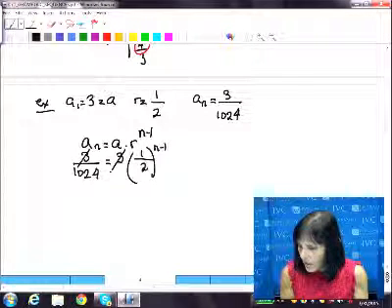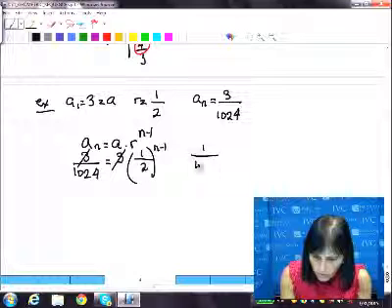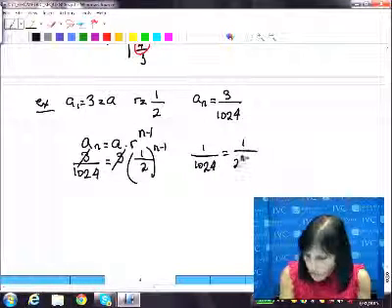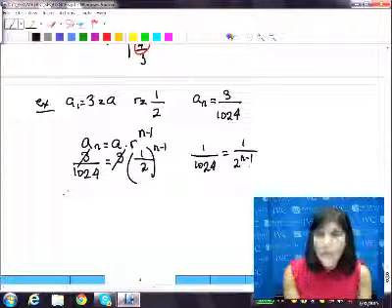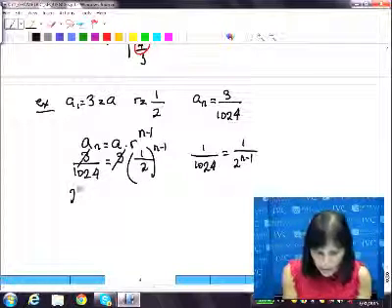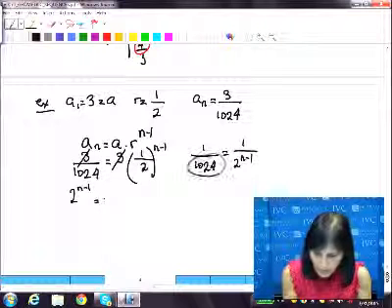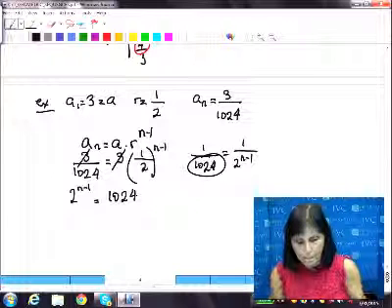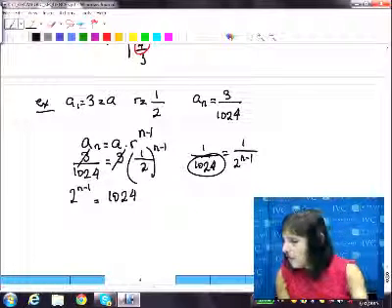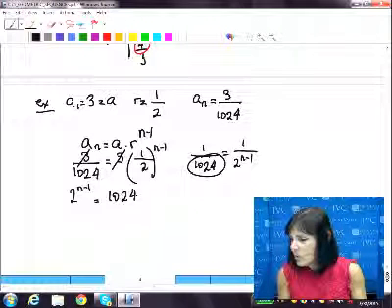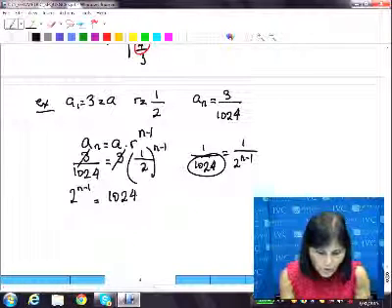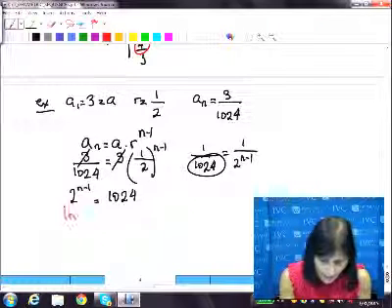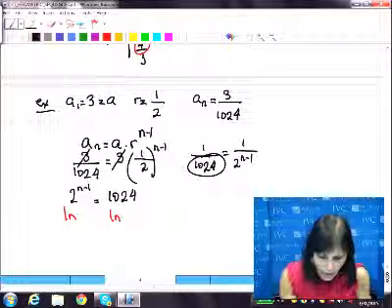So I have this situation: 1/1024 is simply (1/2)^(n-1). This just became an algebra problem at this point. 2^(n-1) is simply going to match 1024. I can break down 1024 and see how many times I'm multiplying 2 by itself, or you can just use algebra. Remember the logarithms? Just for fun, take the ln of both sides. You have a calculator.